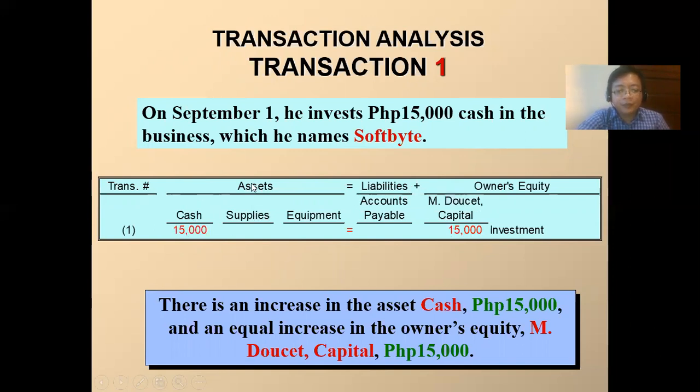Is it balanced? 15,000 assets and 15,000 here, so it balances. There is an increase in the asset cash of 15,000 and also an increase in your owner's equity of 15,000. Again, why? Because it is part of your investment. Any investment will increase the owner's equity.